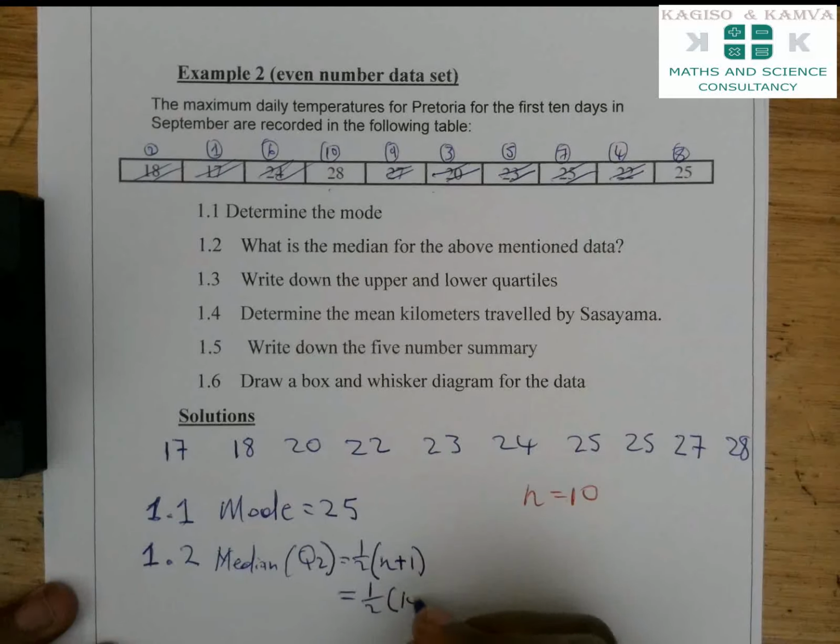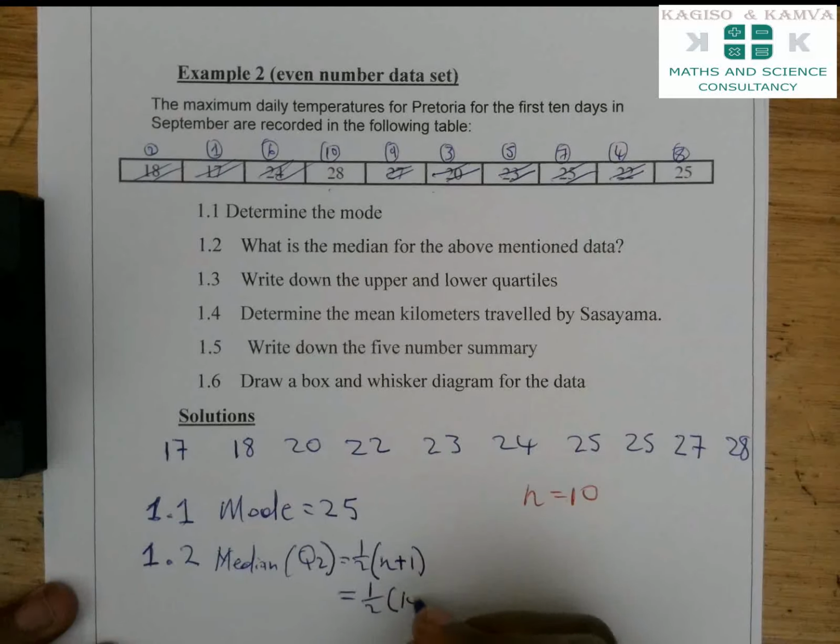Okay, now 5.5 is the position of the median in the data set. Now the median will be between the fifth position and the sixth position.